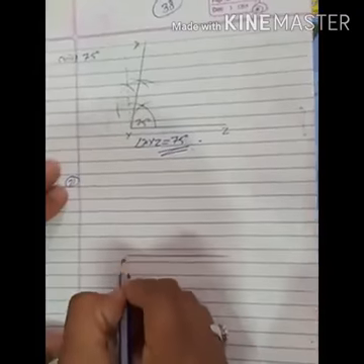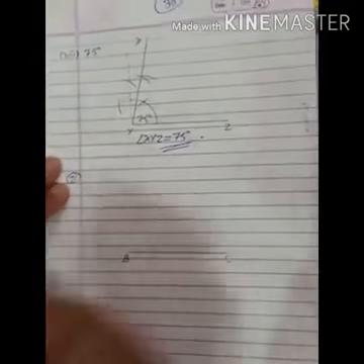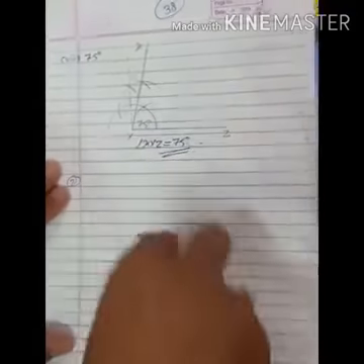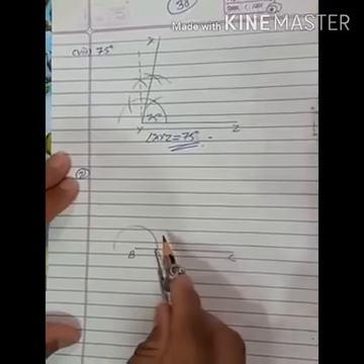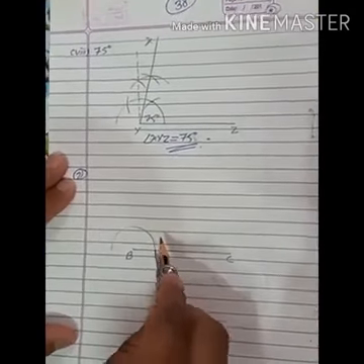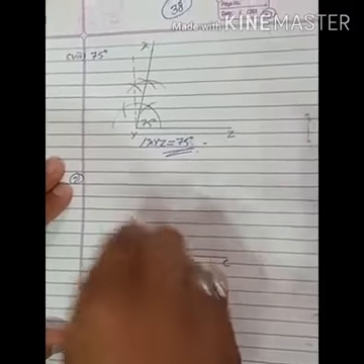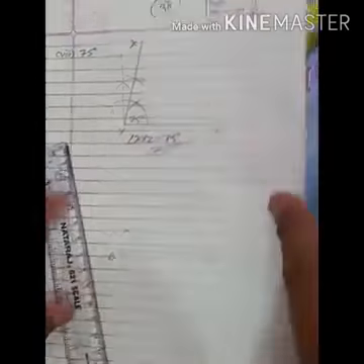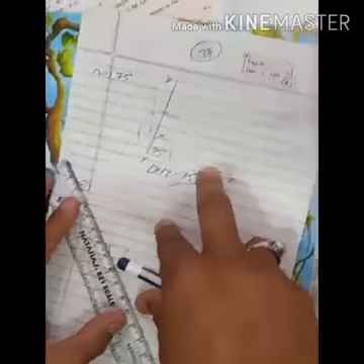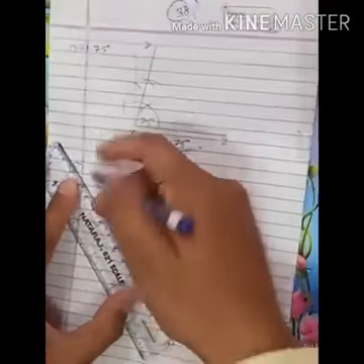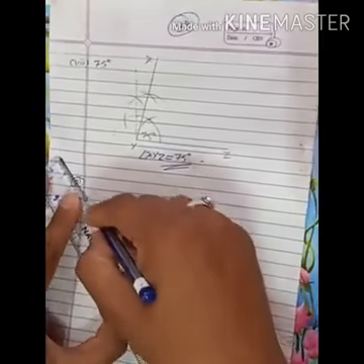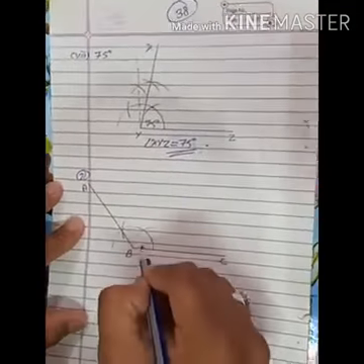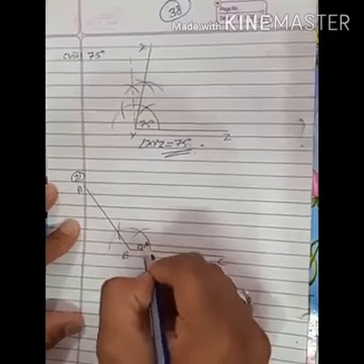So here we will write B and here C. So this arc, 60 degree, one more 60 degree, it means 120 degree. So join this. So here we will write A, then here 120 degree.